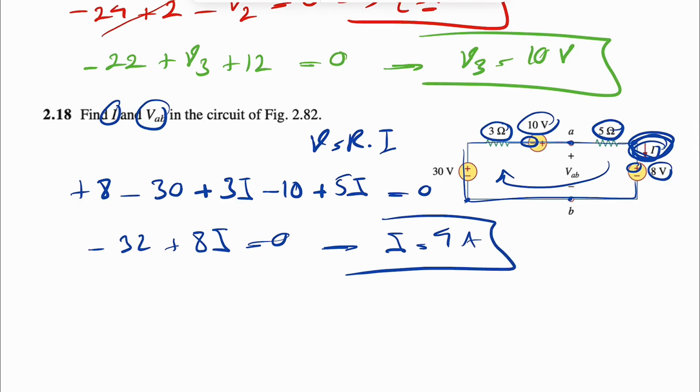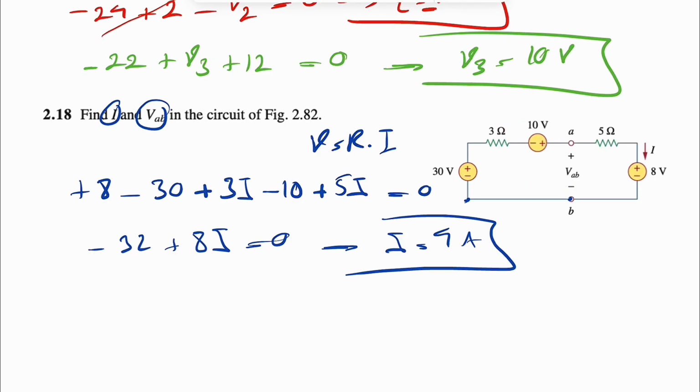All right, now that we have this, we just have to find the voltage between A and B. We're going to consider the loop on the left or right side, it really doesn't matter. We'll consider this loop, and we can start from point A. Because we are in the direction of the current, we have plus 5 times I, which we figured is 4, so that's for the resistor.